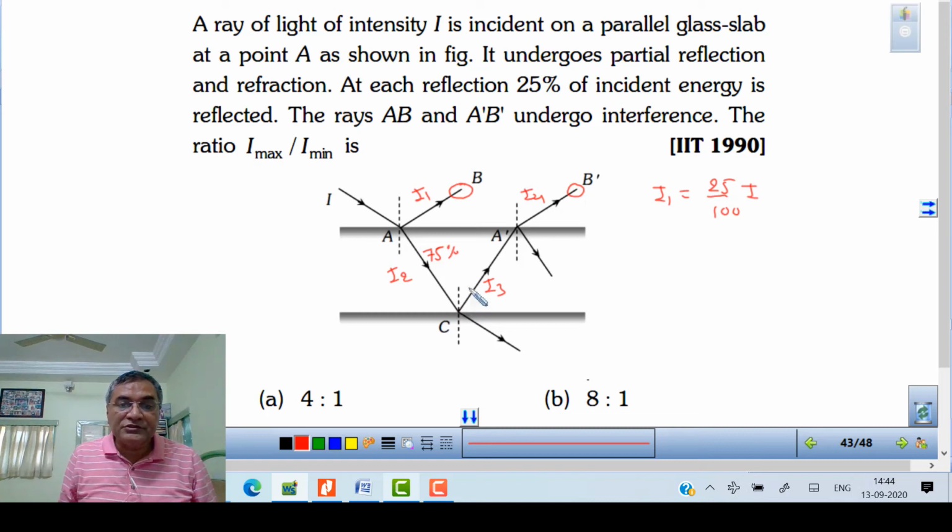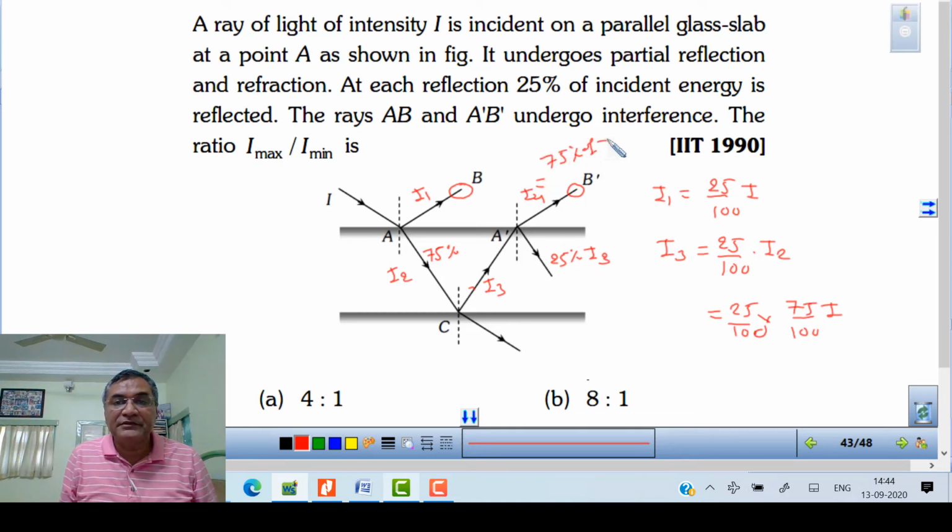So again this is reflected. So I3 is equal to 25% of I2. And what is I2? That is 75% of I. Again there is a reflection, so this is 25% of I3, and this is 75% of I3.